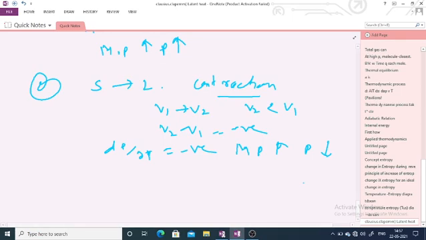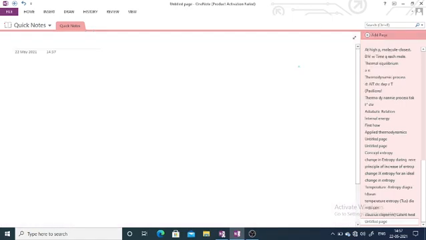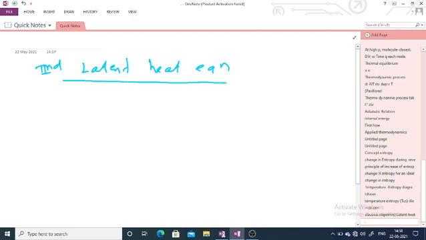Now we consider the second latent heat equation. The explanation of the second latent heat equation is the same as in the first latent heat equation, with only small changes.